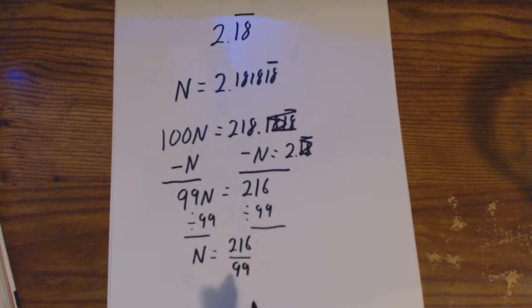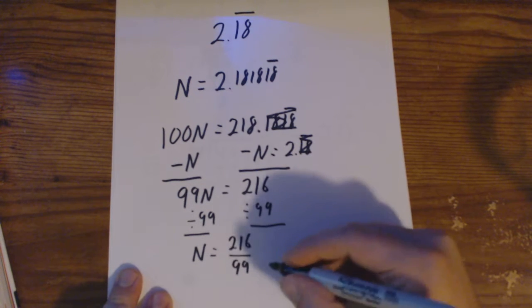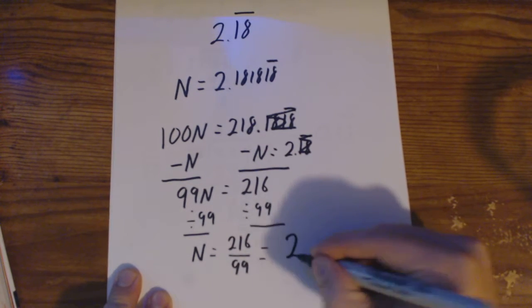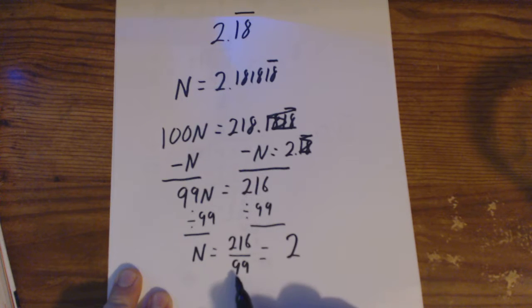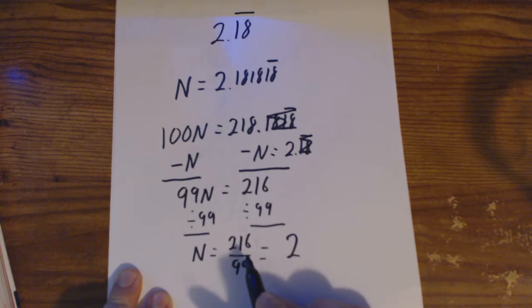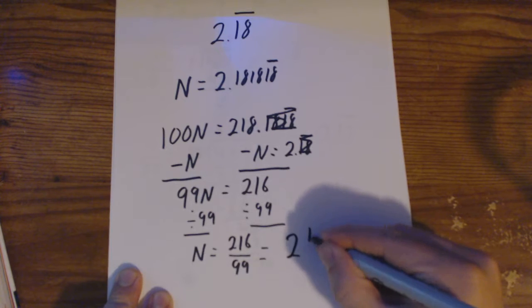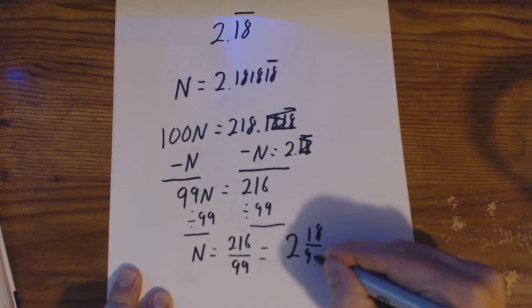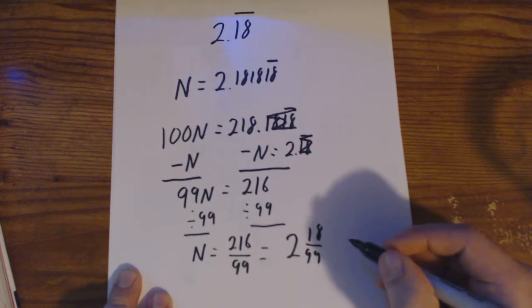Now we want to simplify this. We know that 216 is greater than 99, so we're going to find out how many times. Well, 99 is one less than 100. We're going to take out 2 of them to start out with. 99 times 2 is 198. We're going to have 18 over 99 left.